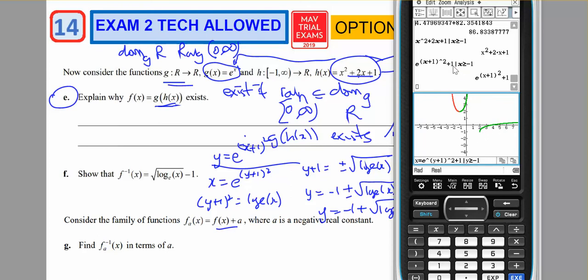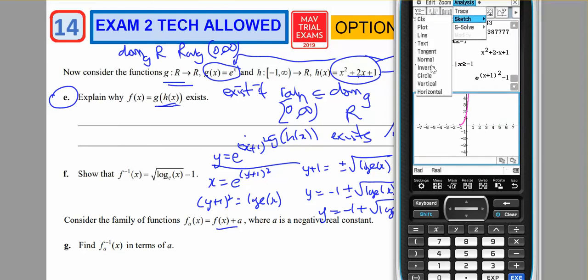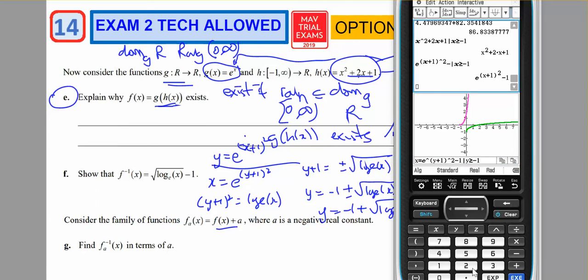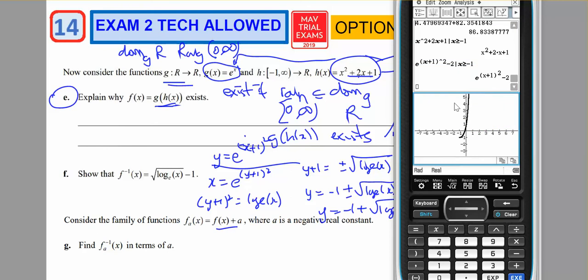But a is negative, okay, so how about if I make that -1, I now sketch all of this, and I sketch its inverse. And if it was -2, the effect of the a is dropping this down, and sketching the inverse, it's moving the inverse across, and now I have an intersection point.